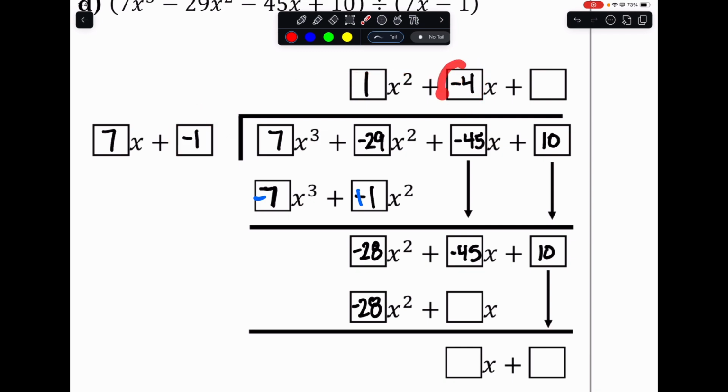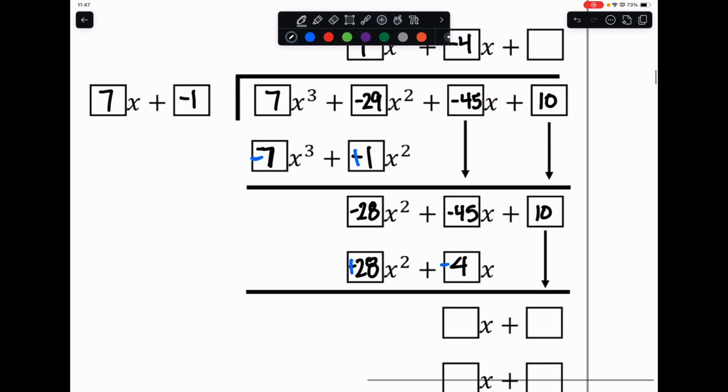Again, like last time, this times this will automatically make these two numbers match up. But the key thing is, again, that number right there. Negative times negative is positive, so we end up with positive 4. Let's switch the signs. And that's a difference of 49, negative 49.